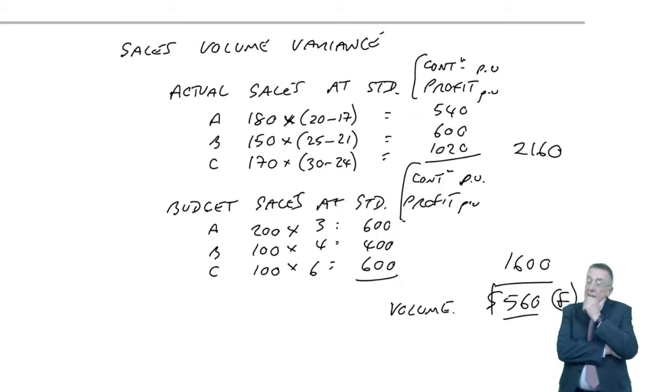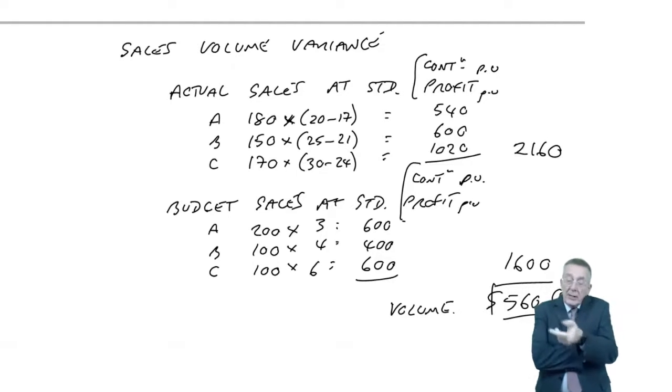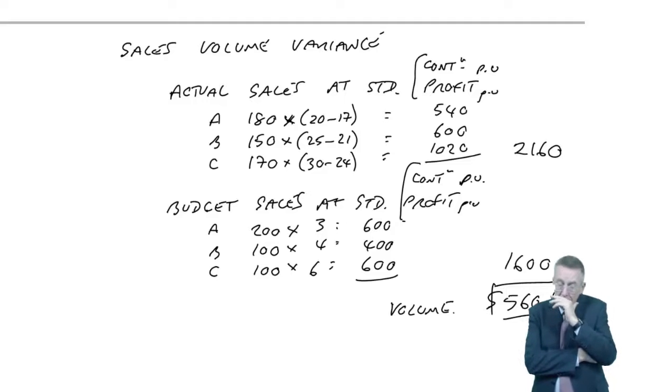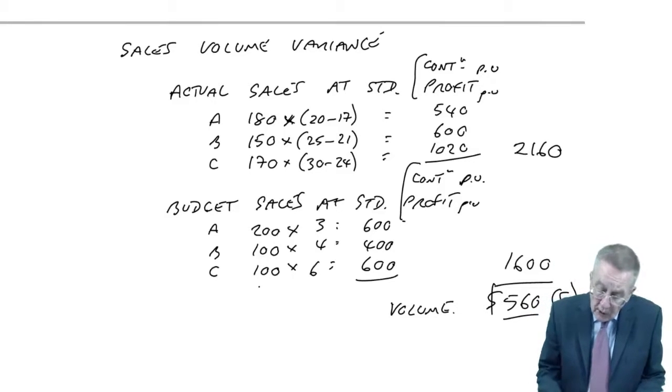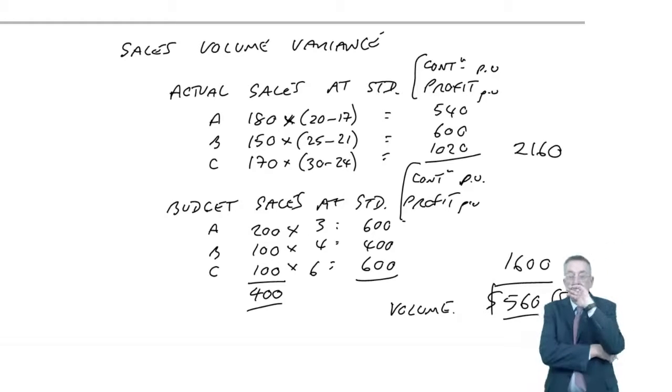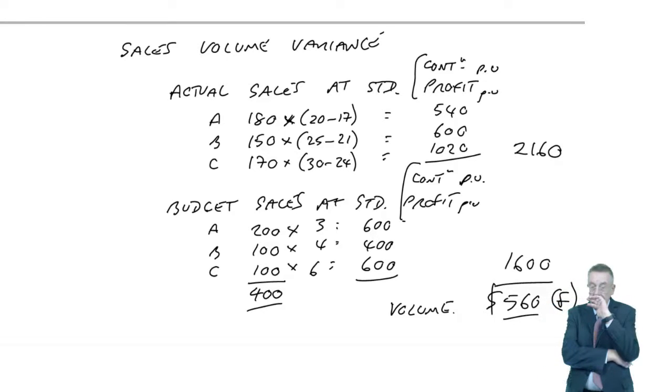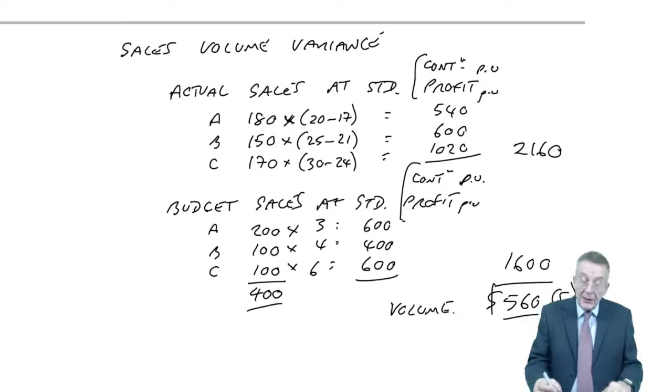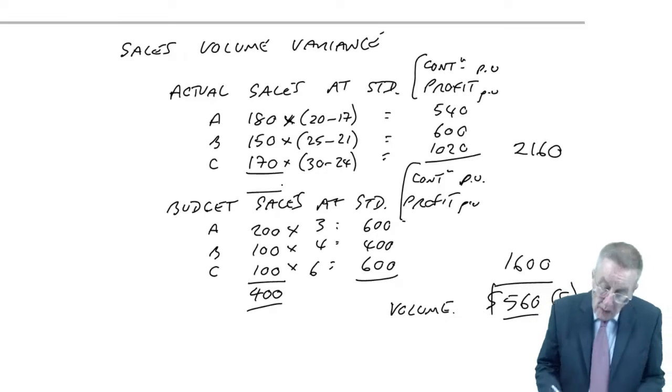However, just look at that sales volume variance. Why has it happened? There are actually two different reasons for that occurring. One is that in total, we'd budgeted on selling 400 units. In total, how many units did we sell?